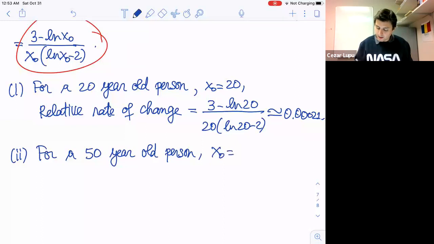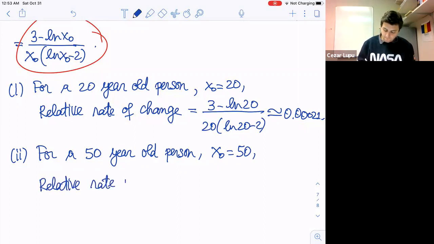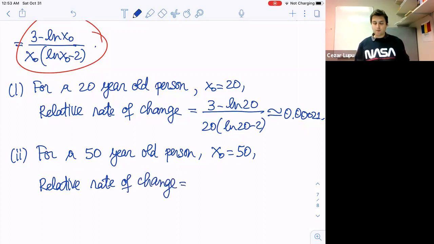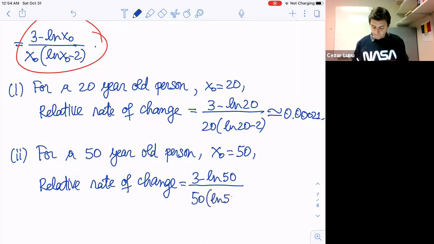So in this case, we'll take x naught to be 50. We have that the relative rate of change will be nothing else than just (3 minus ln of 50) over 50 times (ln of 50 minus 2).